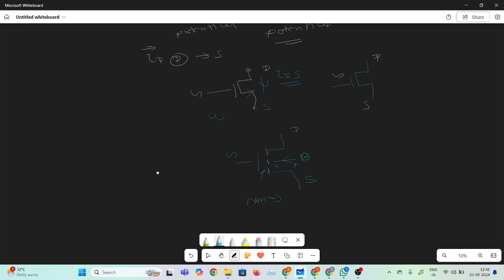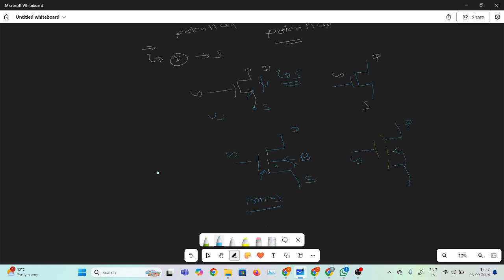One more representation is there. I am drawing a different figure. As I told before, this is the gate and this is the drain terminal, and the body and source are always short circuited.